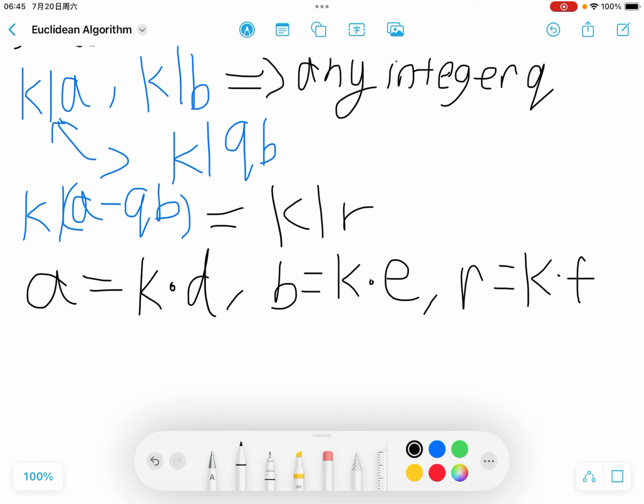And D, E, and F are all integers. They're at least 1, so they're positive integers.